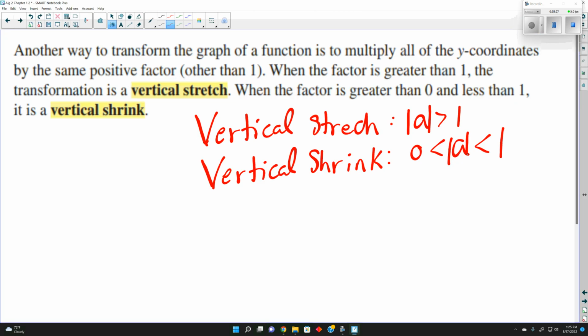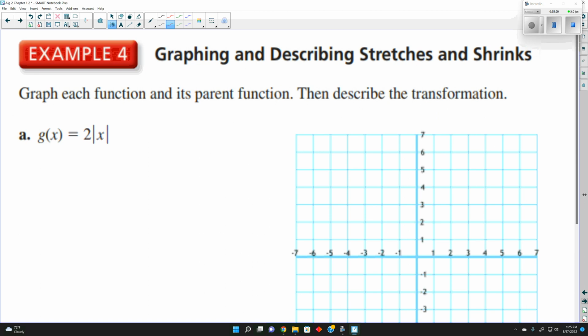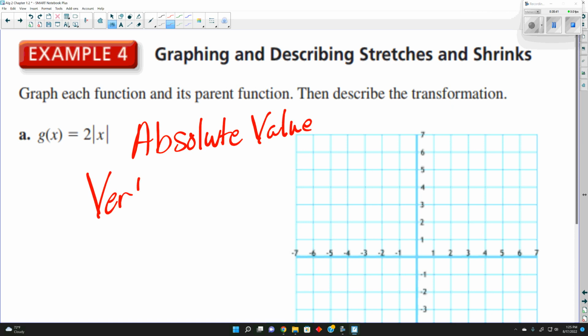Okay? So this here, absolute value. Yes. Because the number in front of the absolute value is greater than 1.